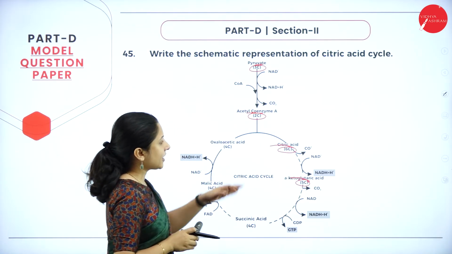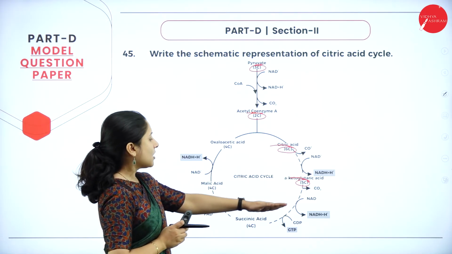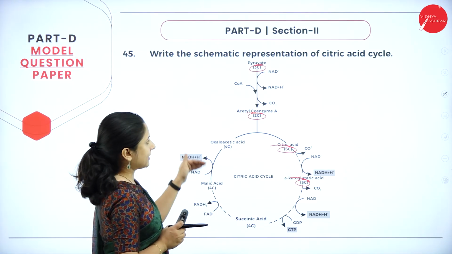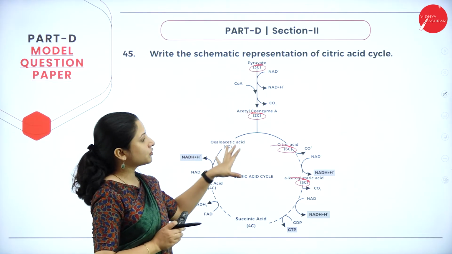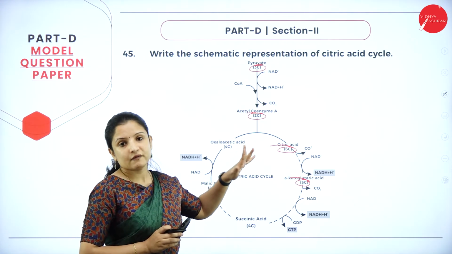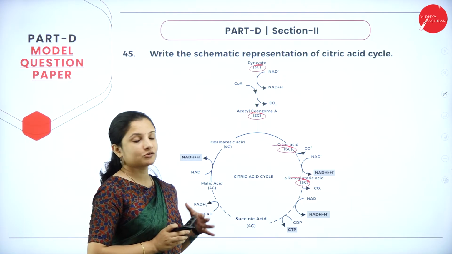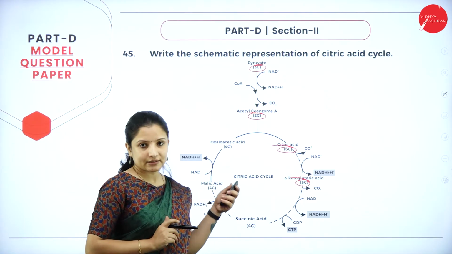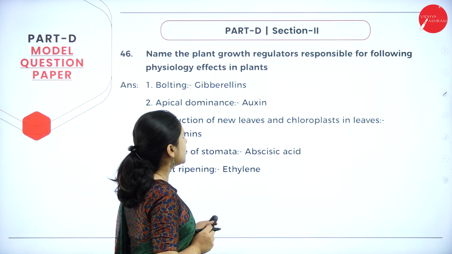All these, and wherever the NAD gets converted into NADH plus and all that, you need to write. Everything should be mentioned very, very carefully. And spellings also, please write it carefully, because sometimes it may give rise to a different chemical name if you write wrong spelling. So that is why be careful about writing the spelling.